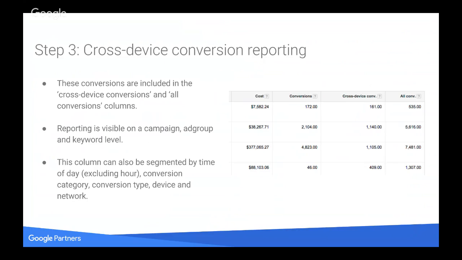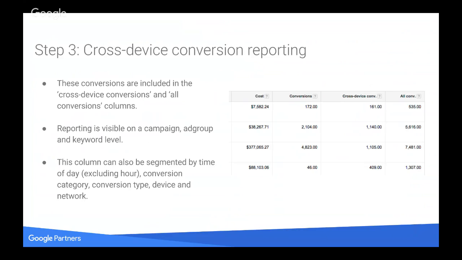Now, reporting every conversion that you have received would mean that you'd have to take into account the number of devices that have played a part in the conversion path. And this is where cross-device conversion tracking comes into play. There is a column that you can add within your AdWords campaigns, which shows you the number of cross-device conversions.